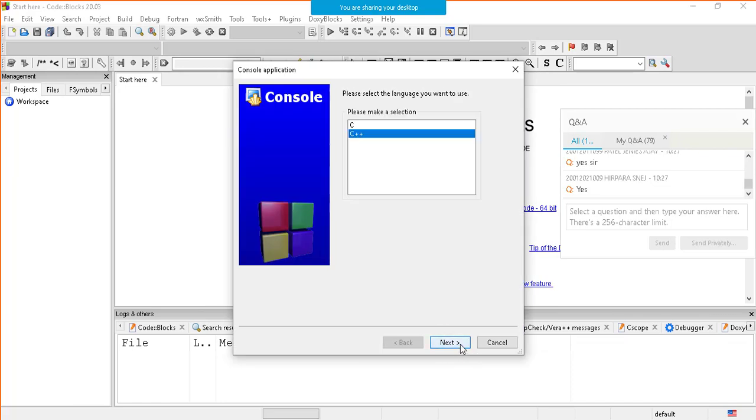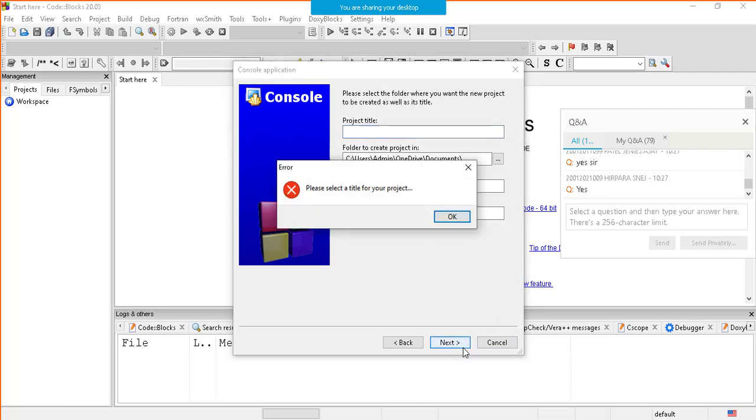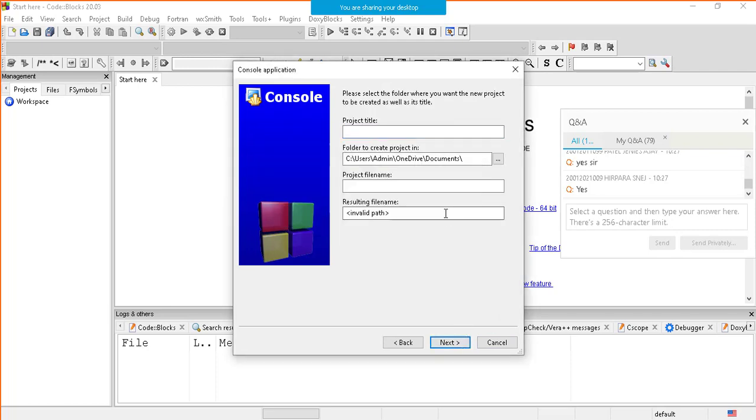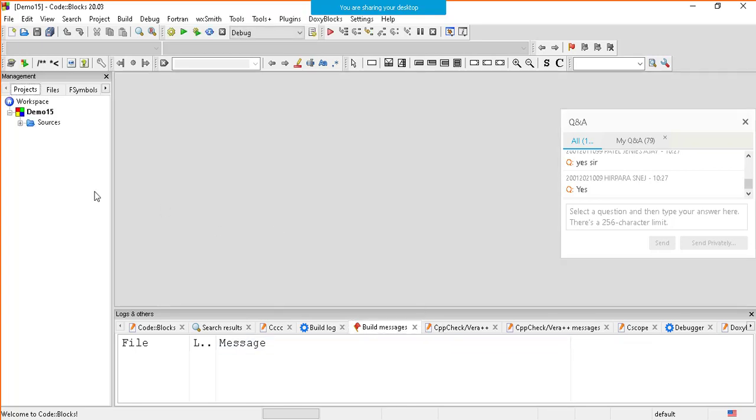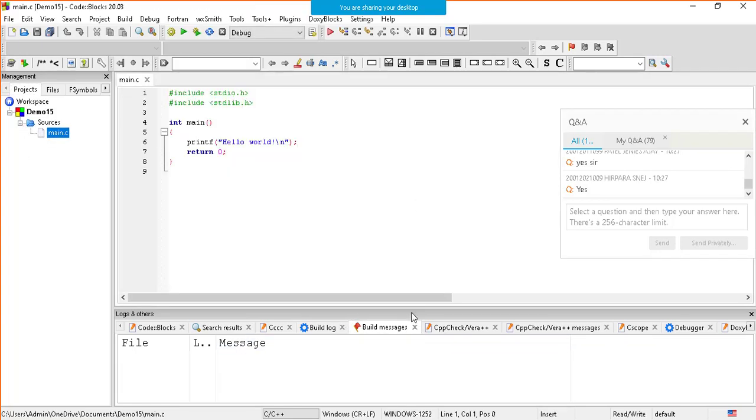We'll say Next, and then I will select the language as C, and I have to give a project title. Today is 15th of April, so I am giving the name demo 15. Any project name you can give. Let me keep the rest as it is and say Finish. It has created one file for you, which is main.c.